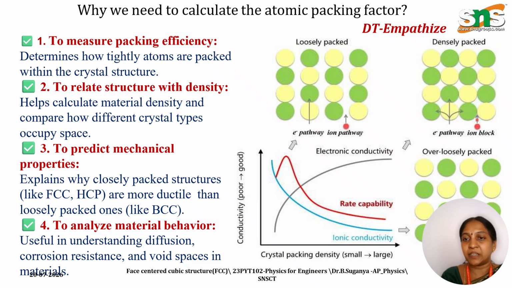What is the difference between loosely packed and densely packed? If the distance between the atoms is very small, it is densely packed, and if the distance between the atoms is a little bit higher, that is called loosely packed.